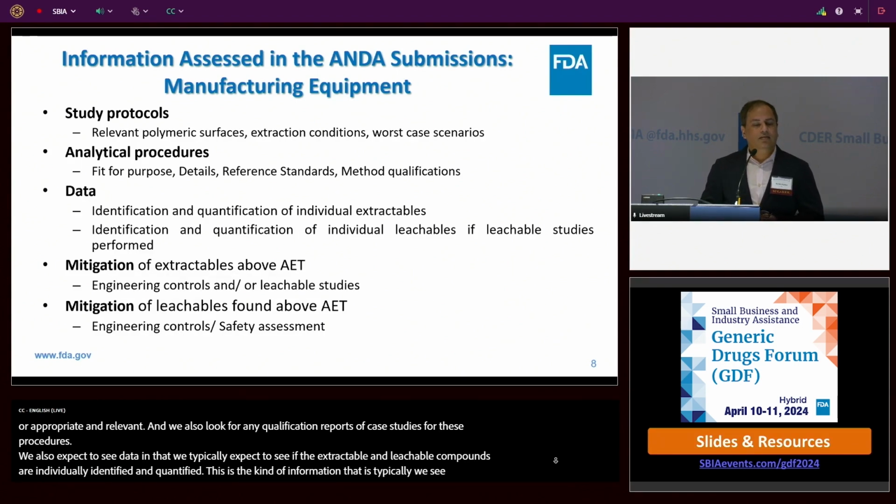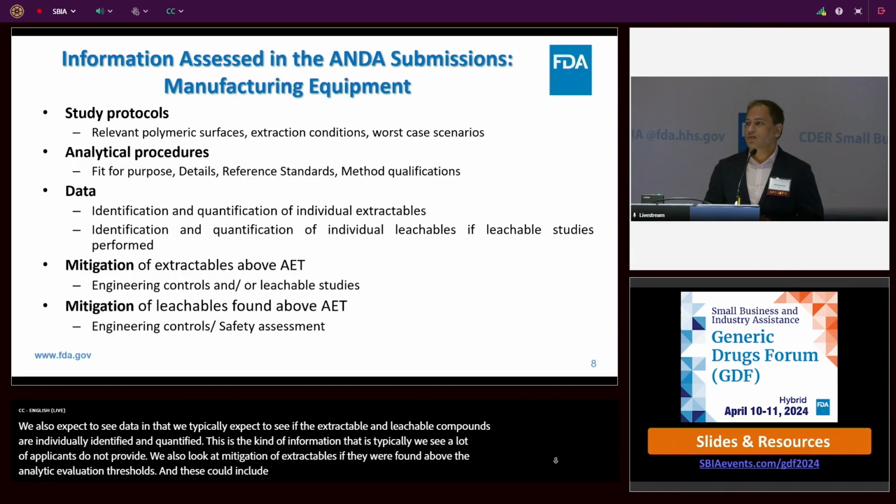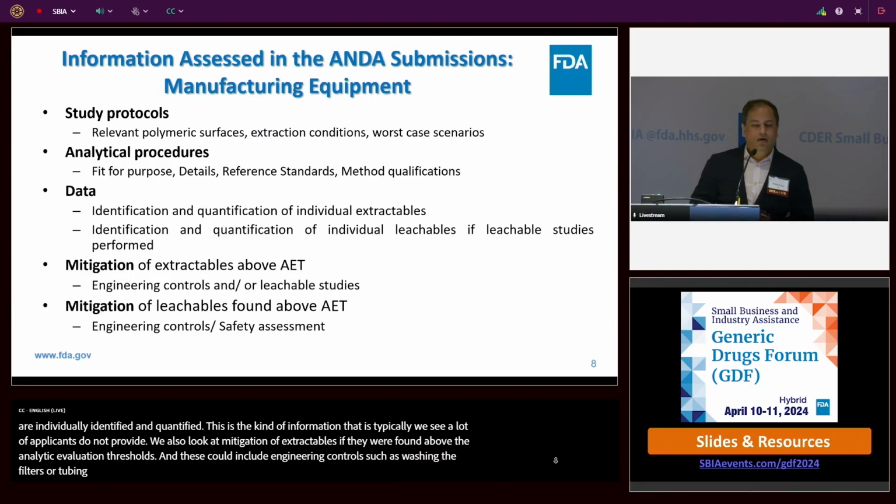We also look at mitigation of extractables if they were found above analytical evaluation thresholds. And this mitigation could include engineering controls such as washing the filters or tubing with solvents or bulk solution, or if there are any leachable studies provided for the drug products for these extractables.